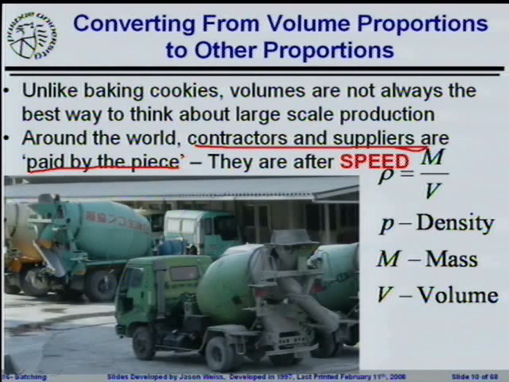So people are being paid in a slightly different way, and what they really want to do is figure out how they can relate this back to speed, because speed is what's going to make up the biggest difference in money. All right, so if a contractor can provide more material, there's more material that they're going to be paid on. So they really want to be able to batch this concrete as quickly as possible. They want to be able to ship it, get it off the trucks as quickly as possible so that they can turn that truck around and make more money with it.